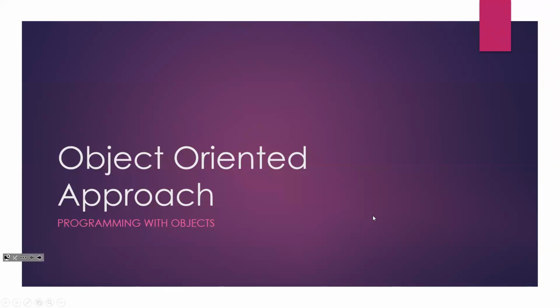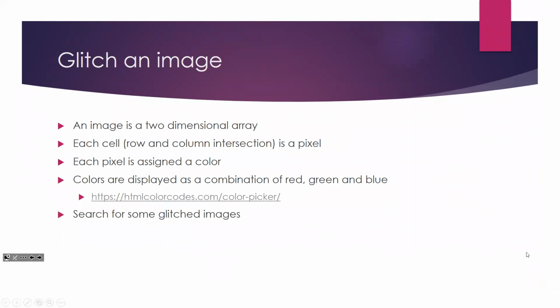Whenever we're looking at glitching an image, we're using the image as an object. And the object-oriented approach, or object-oriented programming methodology, is something that you're going to be getting more and more familiar with as you go through the different programming classes. So as we glitch an image, we want to think about some of the things we're doing while we do that.